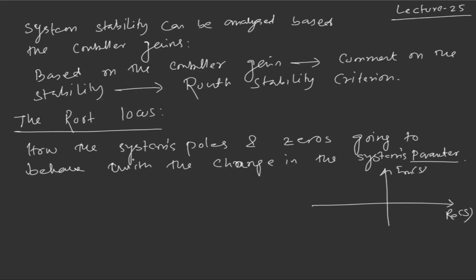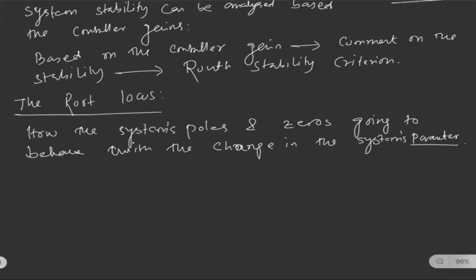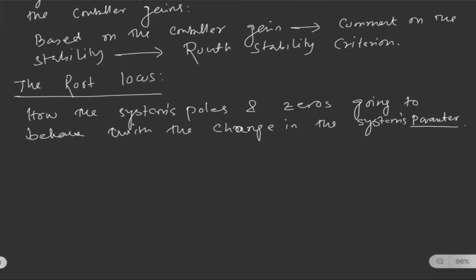So let's work on this part. This is quite interesting, and we'll be dealing with it over the next few lectures. And this technique will be used for the autopilot design of the translation and rotational motion of the aircraft. So let's start. Let's consider the following closed loop system.